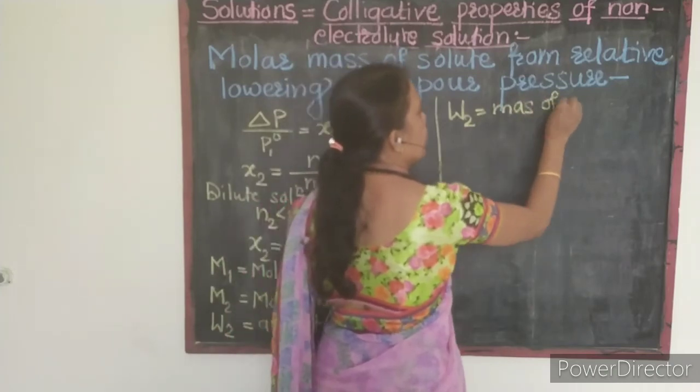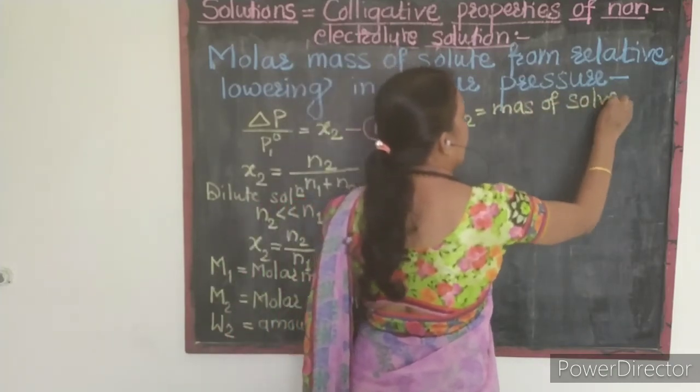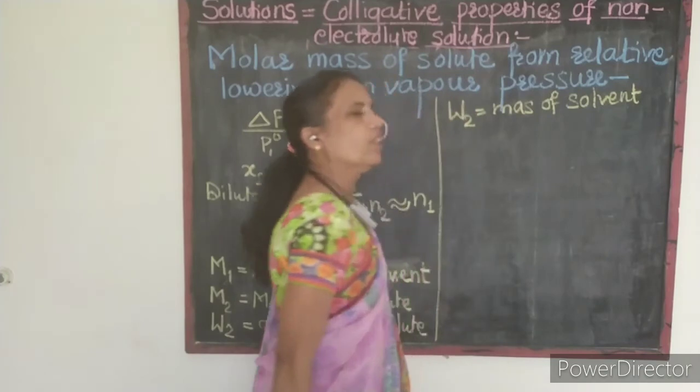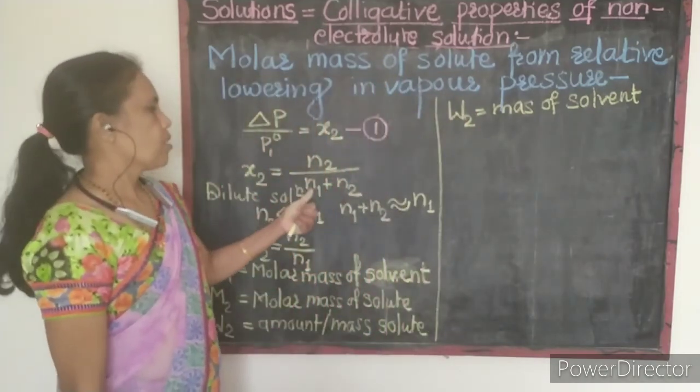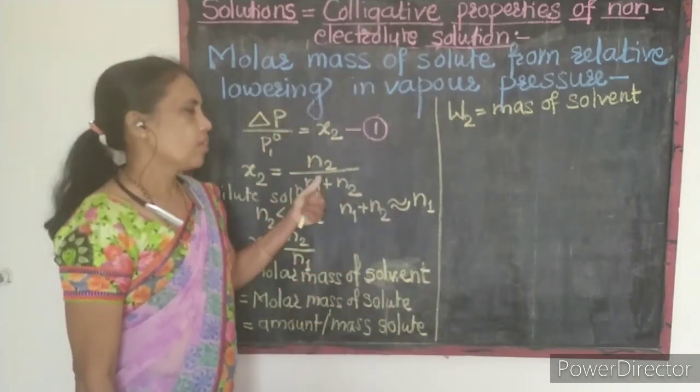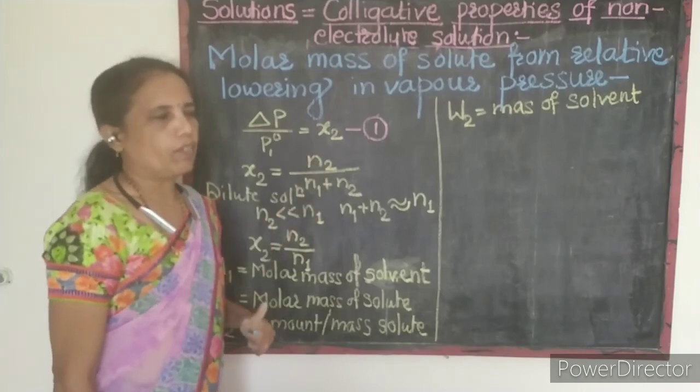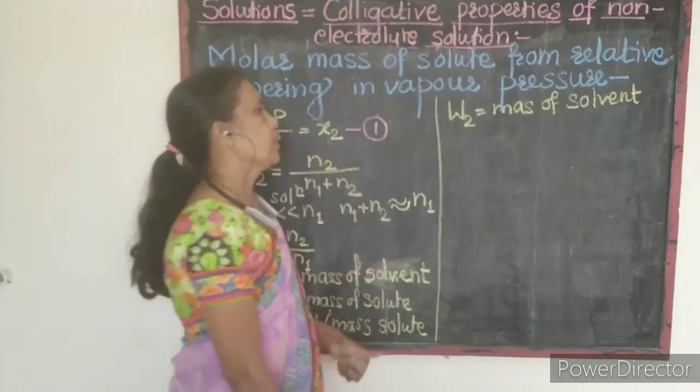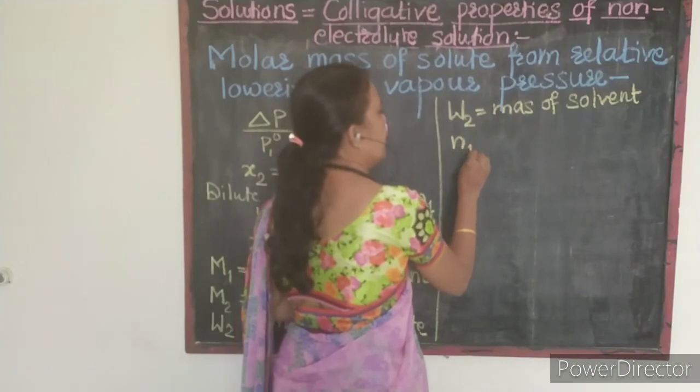This is the mass of solvent. N1 and N2 are the number of moles for solvent and solute respectively. From these four values we can calculate the values of N1 and N2.